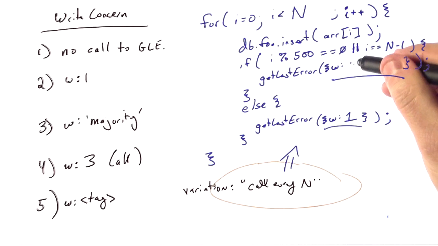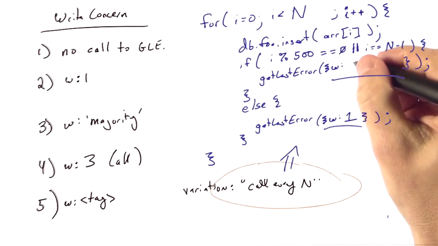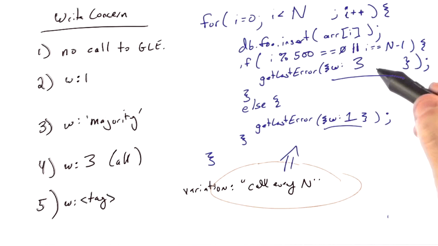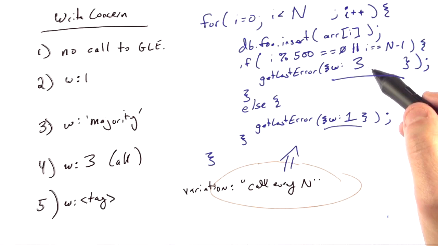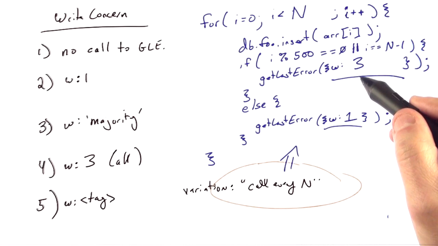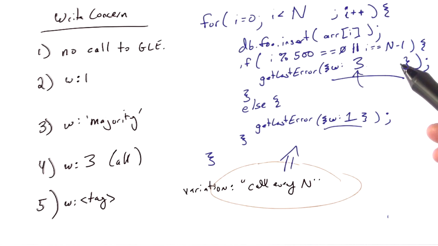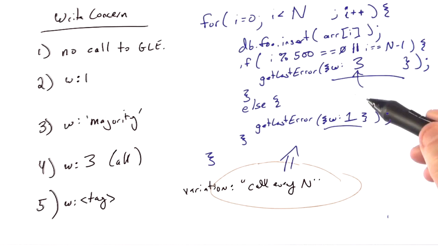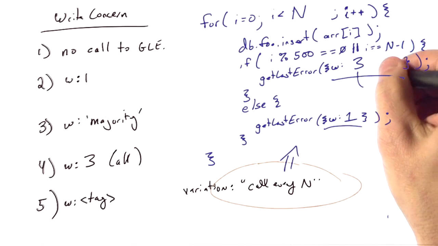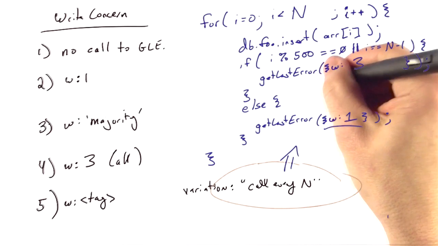So if we had 3 in the set, we could do 3 here. One reason we might do this is we're just waiting for everyone to catch up. We don't want to get them behind, right? And in addition, we're getting a really strong acknowledgement when we get that. But we don't do that every time, so that we can keep a little bit of throughput going on the system. So this pattern can be pretty good.